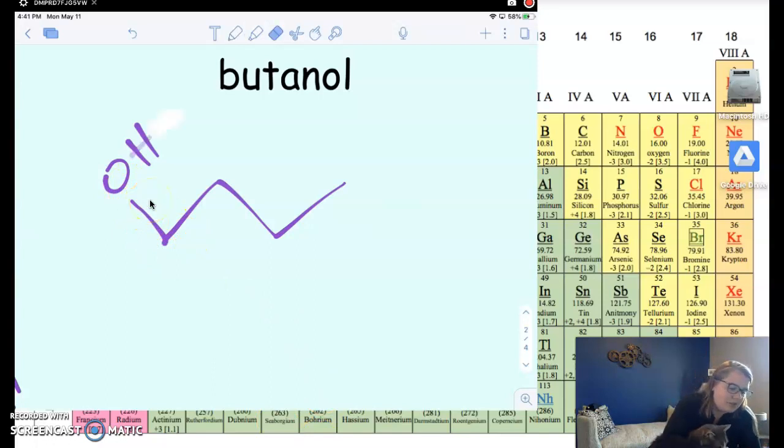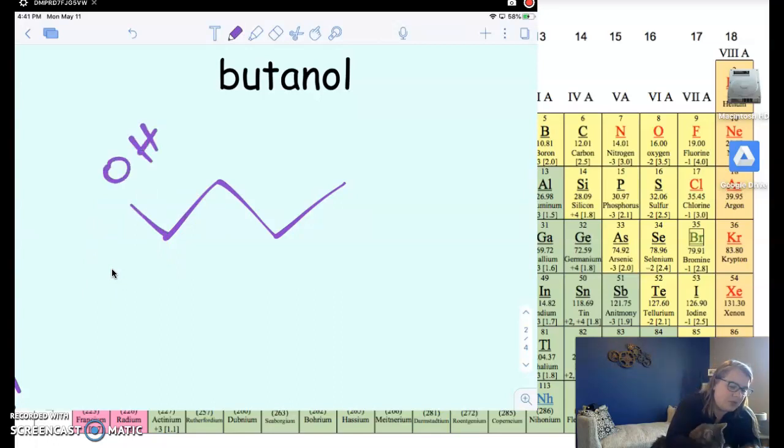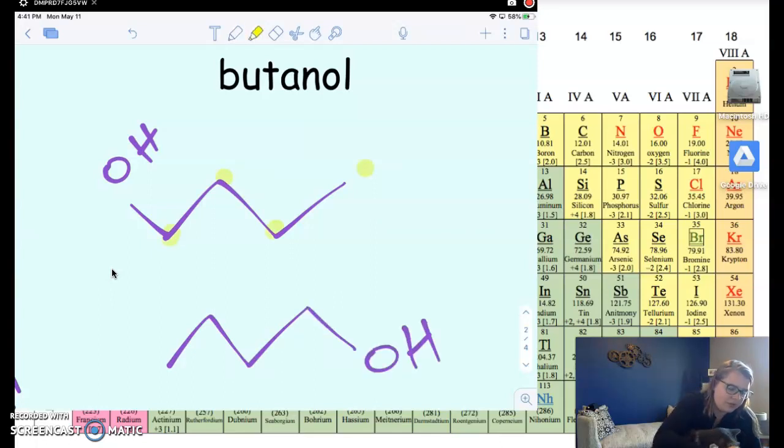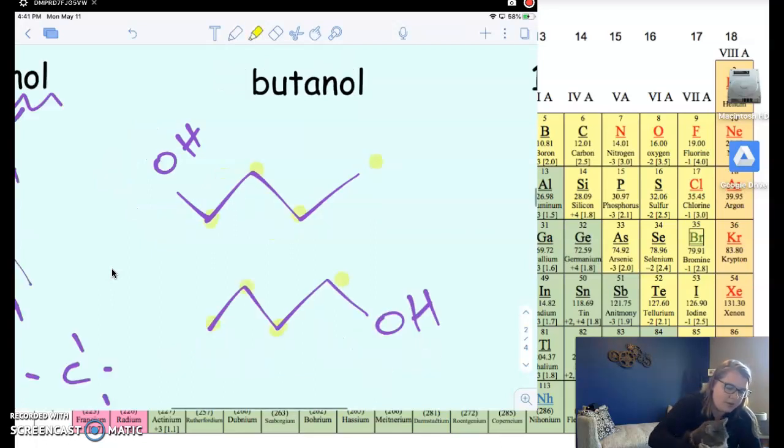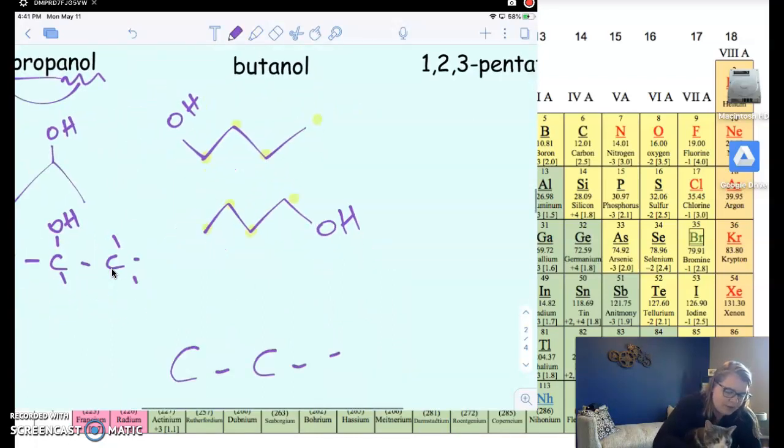Because if you just drew it like this, for example, you're basically destroying the carbon here, and you're destroying the bond to the OH. So you do need to draw a line out to the OH so you still have your 1, 2, 3, 4 carbons. You also could have done this to make sure you've got your 1, 2, 3, 4 carbons. Or if you did this structurally, 1, 2, 3, 4 carbons, and then just put the OH on either end of the structure.